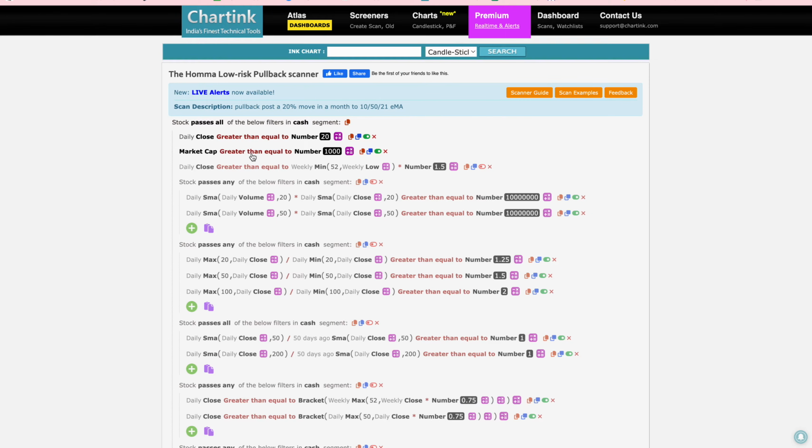Next thing we do is market cap greater than or equal to 1000. This 1000 is in crores. Now this is very important because someone who has a smaller portfolio, let's say a couple of thousands to a couple of lakhs, can still trade a stock with around 1000 crore market cap.